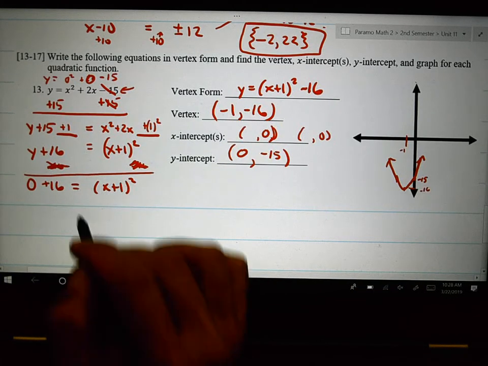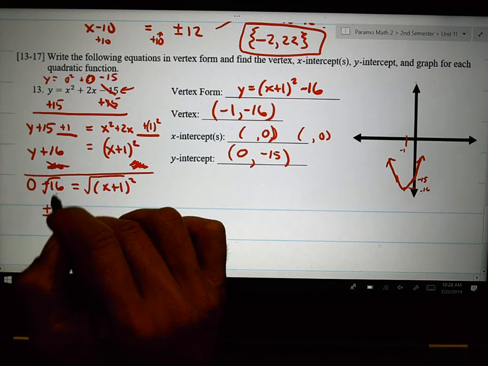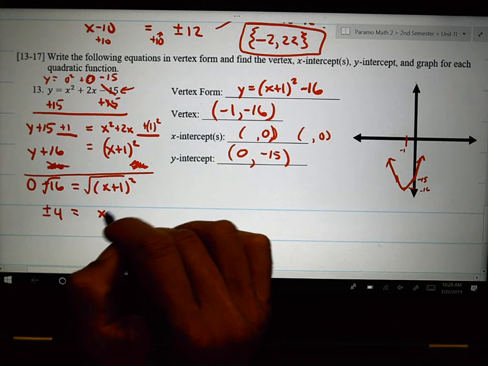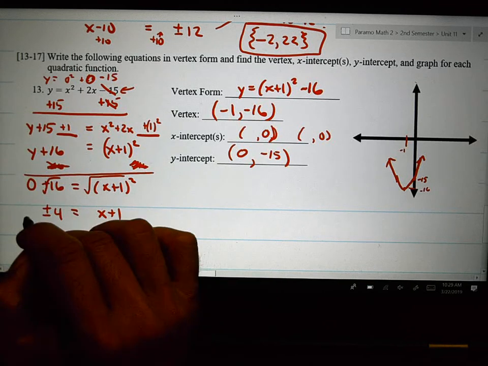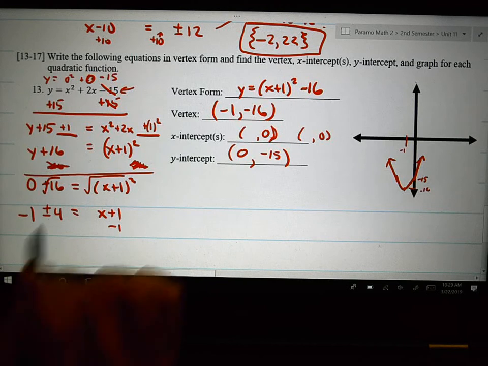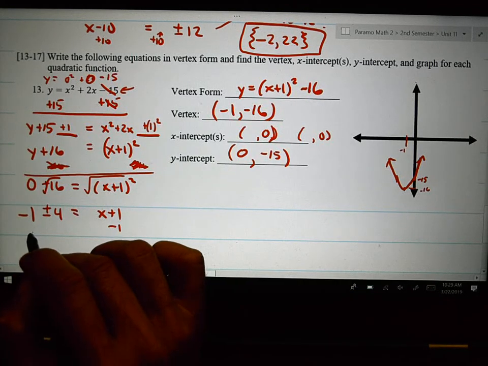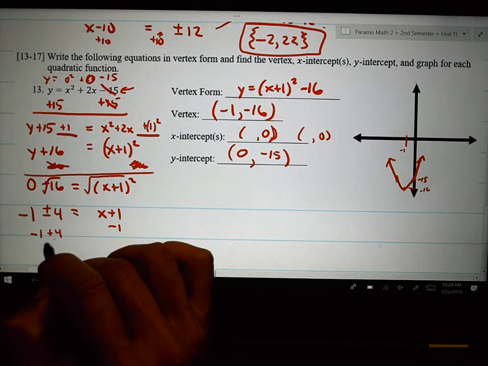You could square root this side and square root this side, and you get plus or minus 4. You could subtract the 1. Put that in front of the plus or minus. And you could find the two places where it's going to cross. Negative 1 plus 4, negative 1 minus 4.